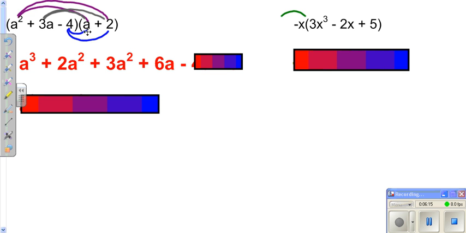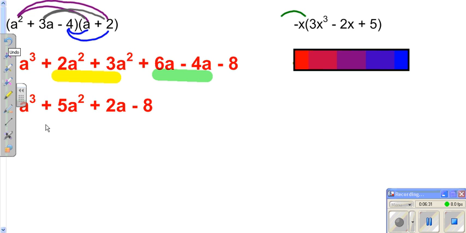Now you got to take your negative 4 times your a, and your negative 4 times your 2. Then you want to go ahead and combine your like terms. We have like terms here, and we have like terms here. We cannot combine anything together here because we have no like terms, because these have different exponents on them.